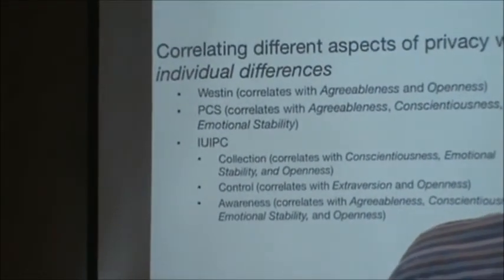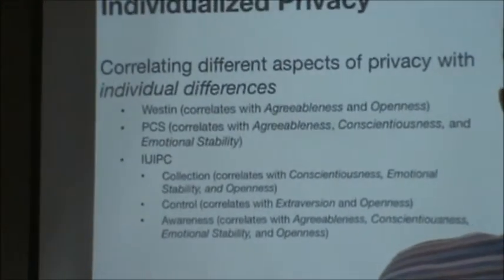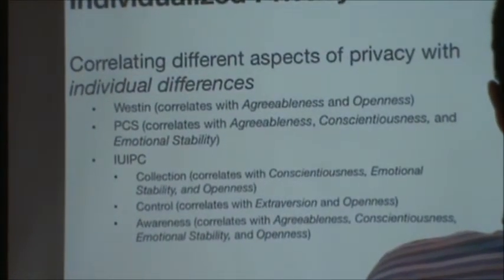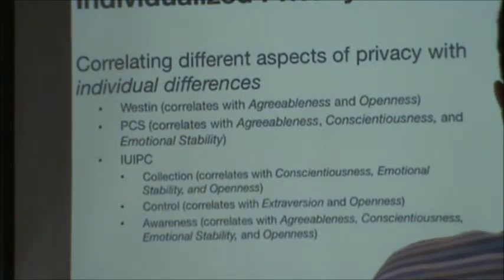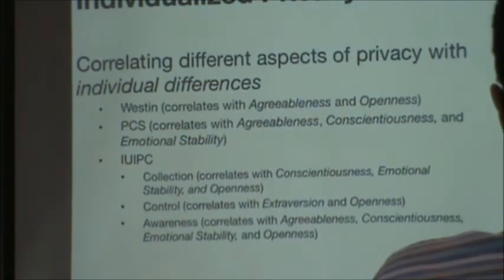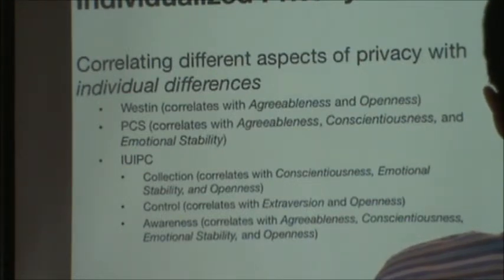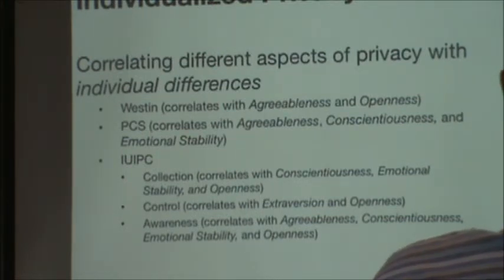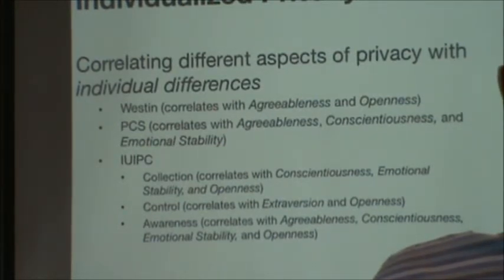So I've been working with a cognitive psychologist on this, and one of the first things that we did was looking at a couple of the privacy indexes that have been widely used in the literature to see how well those correlate with different personality traits versus other types of individual differences, such as risk-seeking, for instance. One is the Westin Index, widely used, especially in computer science literature with regard to privacy. It mostly measures individual perspectives on how data is collected by corporations and the need for government protections about those behaviors.